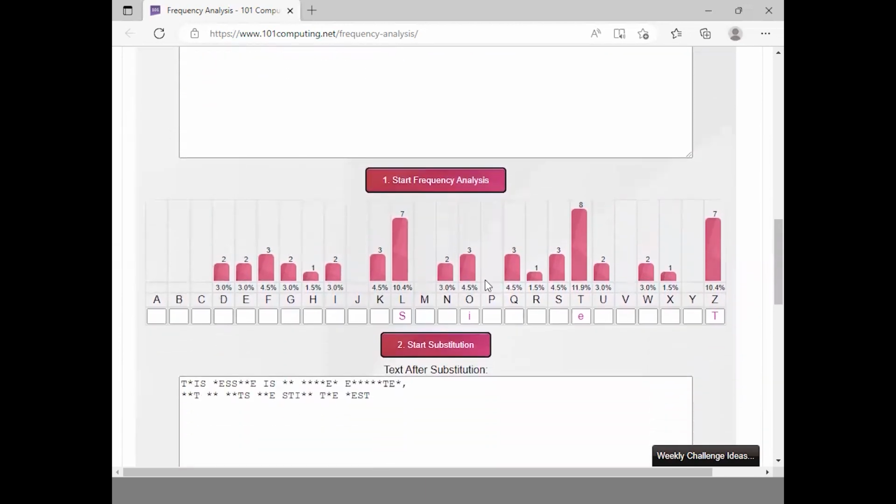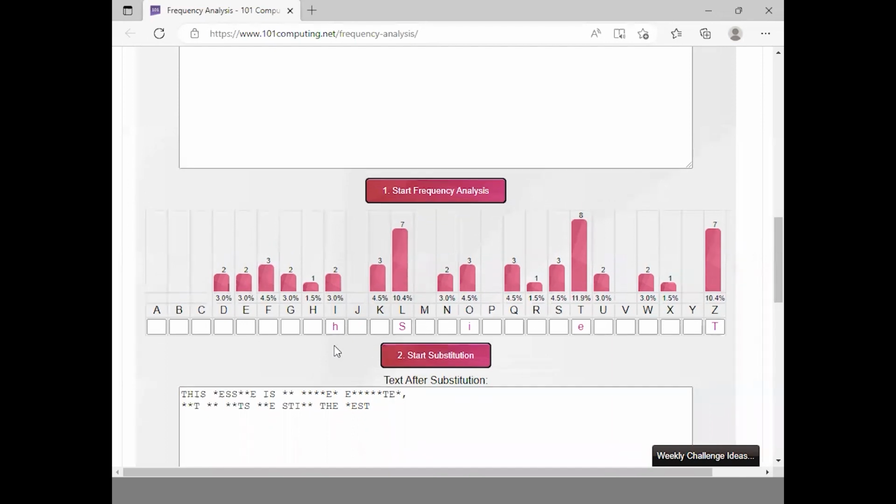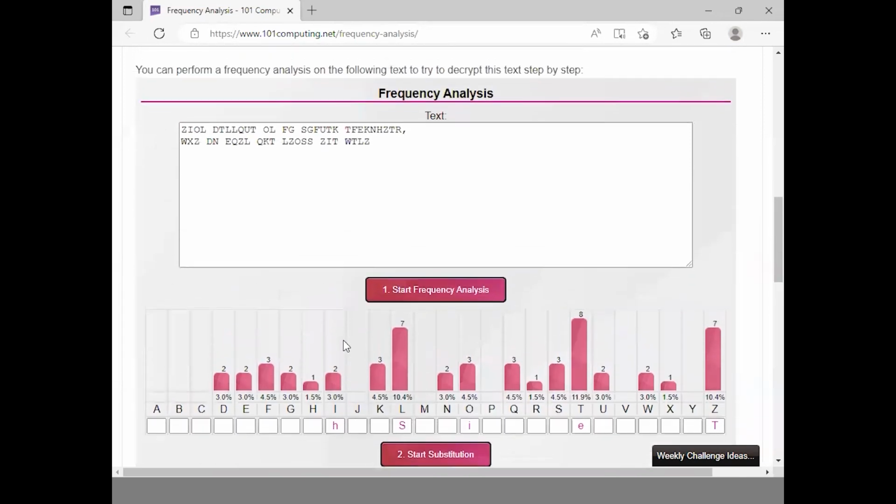So we would take that I maps to H, and we add that substitution in. And we also end up with the word the there, which is very promising. It makes a solid amount of sense that we most likely are going in the right direction. And then we can go ahead and continue the process.